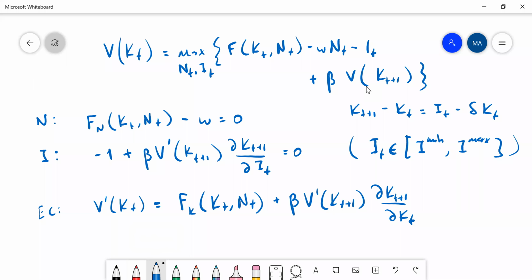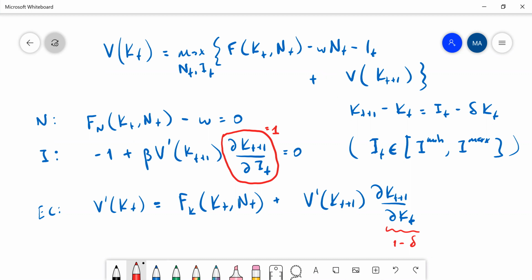So this will be equal to what? This will be equal to 1, right? And this will be equal to what? 1 minus delta, right? Oh, wait, sorry. So this is not beta here.